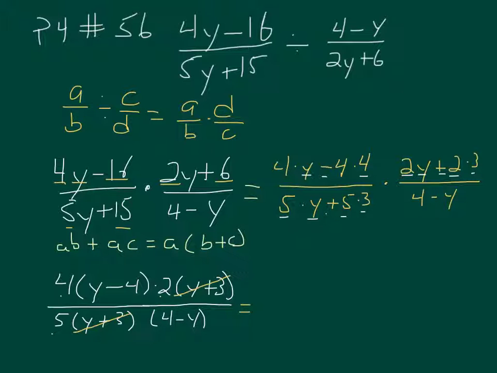Simplifying, multiplying our 2 and our 4 to get an 8, we're going to get 8 times (y minus 4) over 5 times (4 minus y).